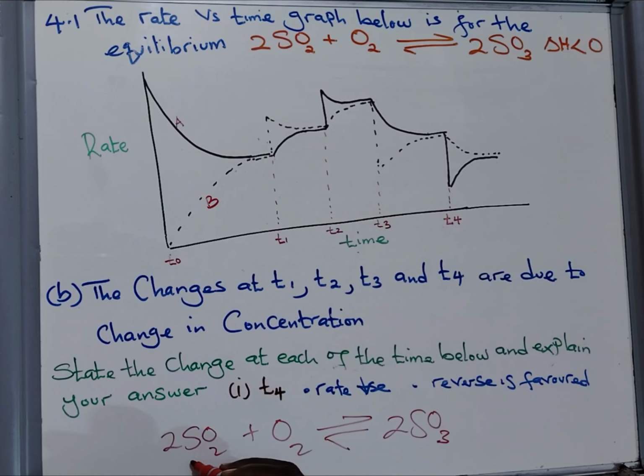If you decrease, for instance, this, what will happen? The system will be disturbed and it will counteract what you are doing. It will form it. And the forming of this one involves this one decomposing. So reverse is favored. So what is the answer to that one? The answer will be decrease in concentration of either sulfur dioxide or oxygen. It involves decrease in concentration of the reactants.